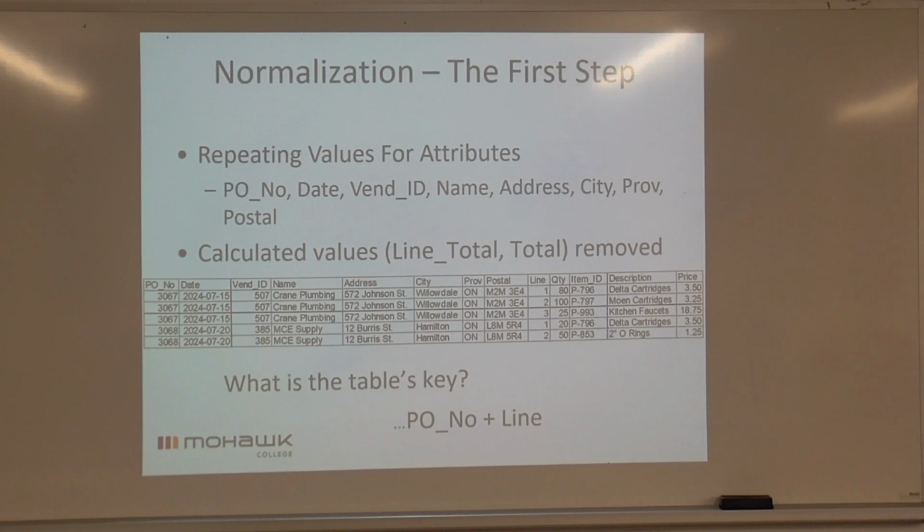Item ID: is this dependent on purchase order, line number, or both? I'd say line number. How many people think line number? How many people think both? Let's take a look at our data.